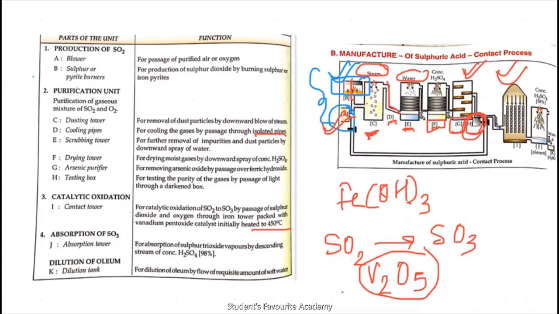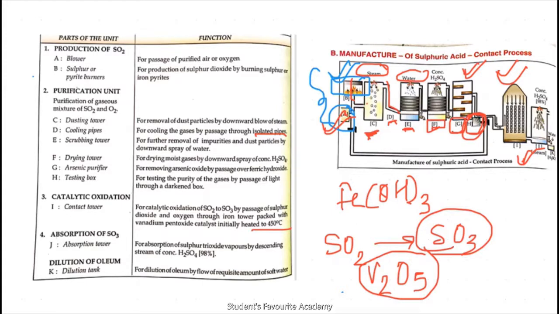Now in the fourth one, if you see, we'll be moving to the last part of this process. Here we have the absorption tower. So what happens in the absorption tower, children? If you see the J1 here, the sulfur trioxide that we have obtained in the contact tower, that we are going to absorb. Okay, and how are we going to absorb?